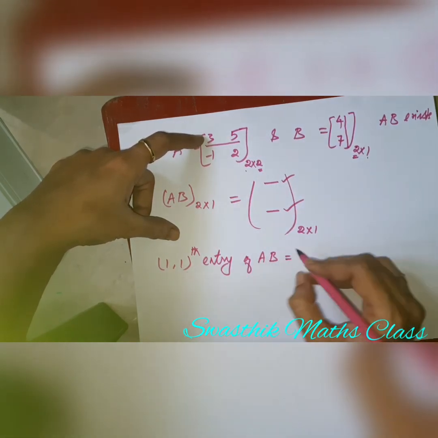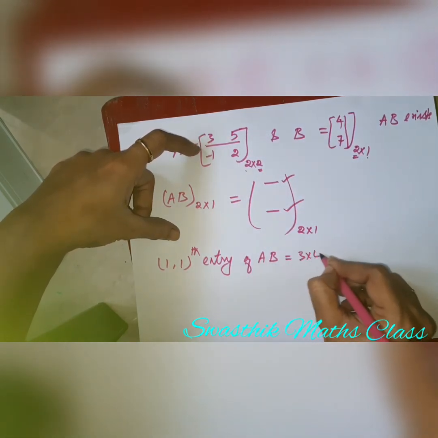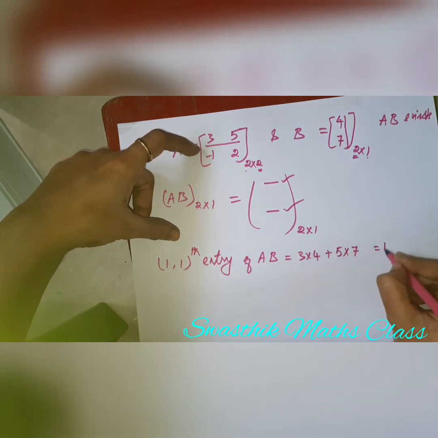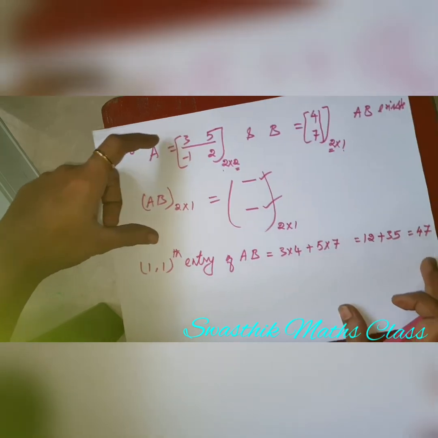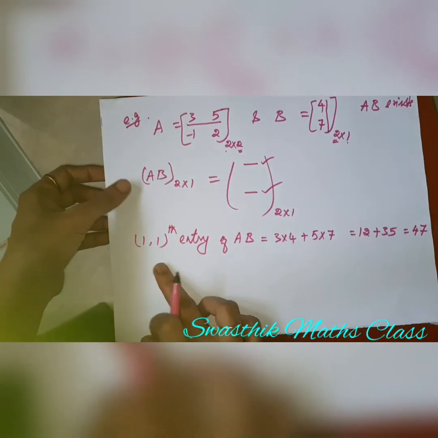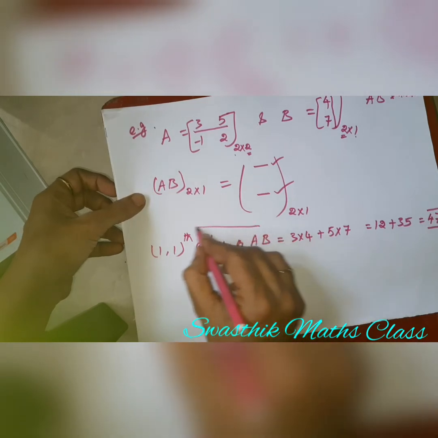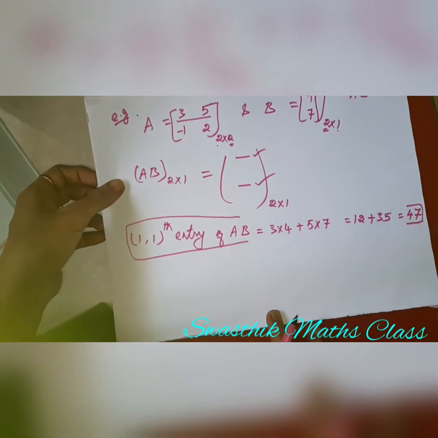The 1/1th entry will be 3 into 4 plus 5 into 7. 3 into 4 is 12 plus 5 into 7 is 35. So this is equal to 47. So in the 1/1th position of AB, we will have the number 47, right?